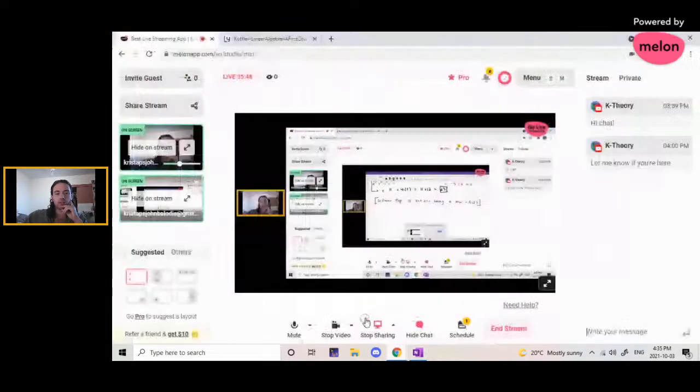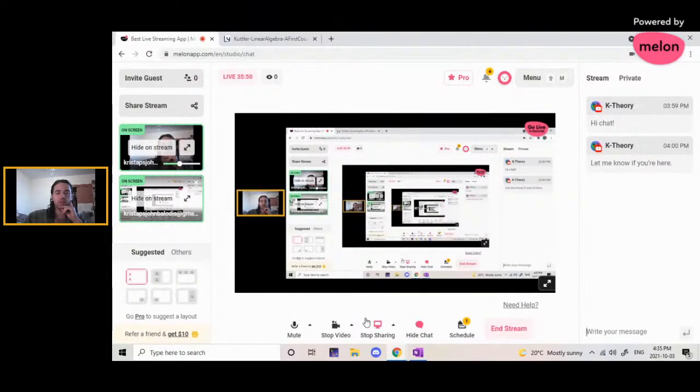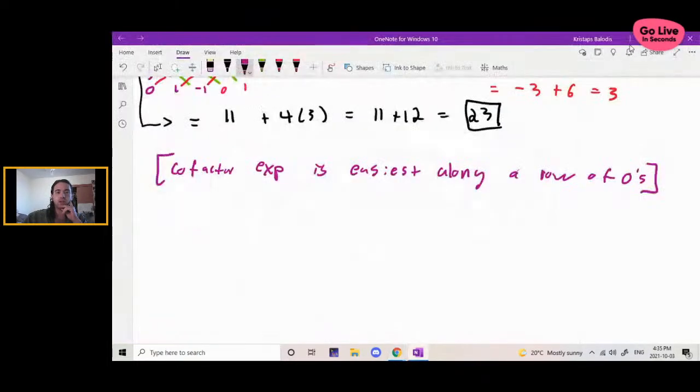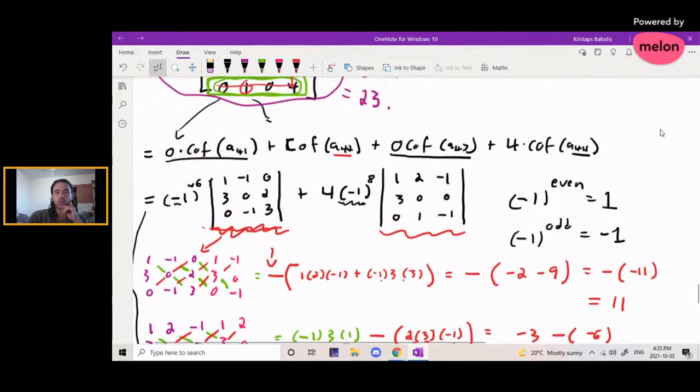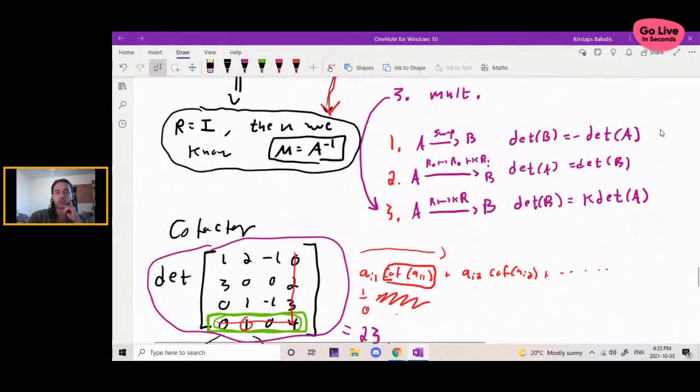Now for some of these big matrices, cofactor expansion can suck sometimes for a 4x4 matrix.